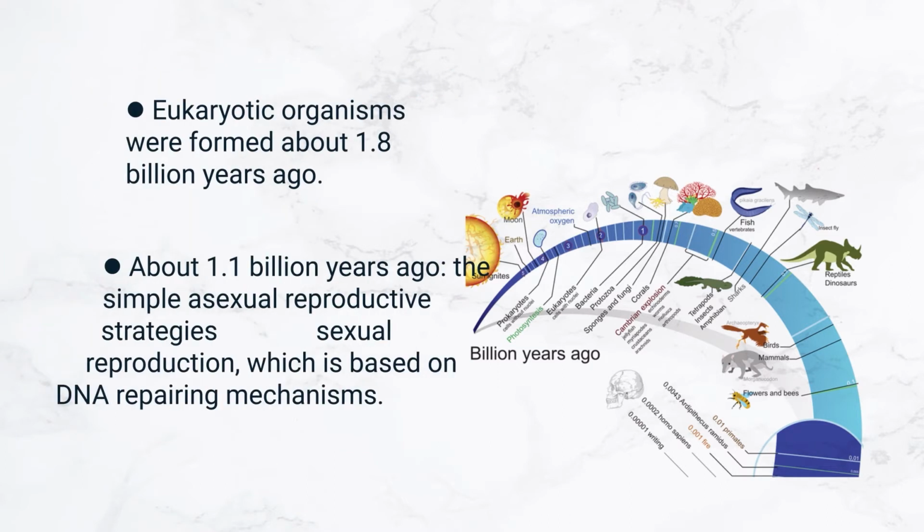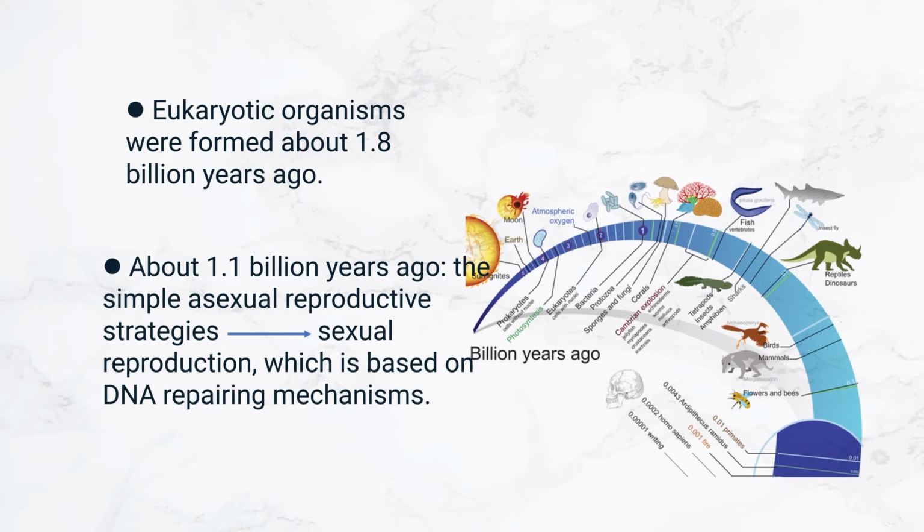Then the first eukaryotic organisms were formed around 1.8 billion years ago. Then, 1.1 billion years ago, the simple asexual reproductive strategy followed by prokaryotic organisms was replaced with a more complicated process called sexual reproduction, which is basically based on a DNA repairing mechanism.